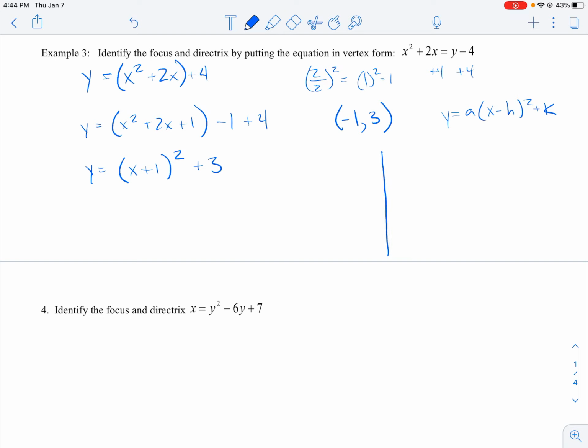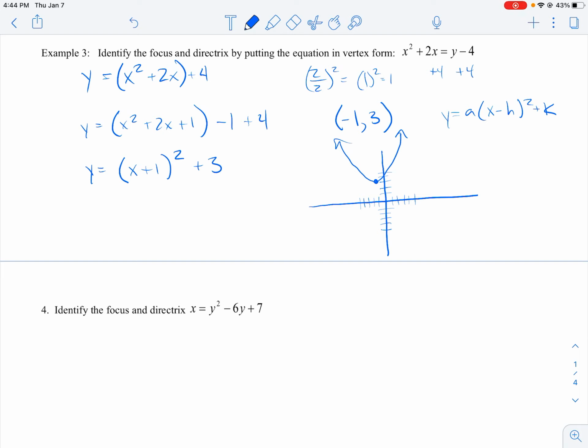Let me draw this in. Negative 1, comma 3. Remember, our focus falls on the inside, so in order to do that we must find our p-value.